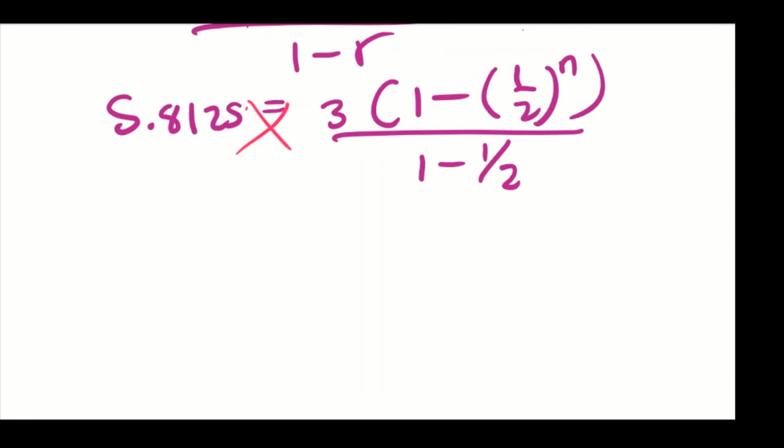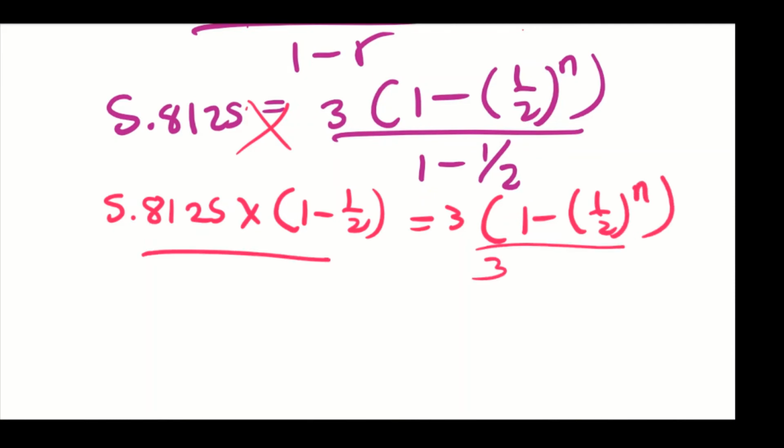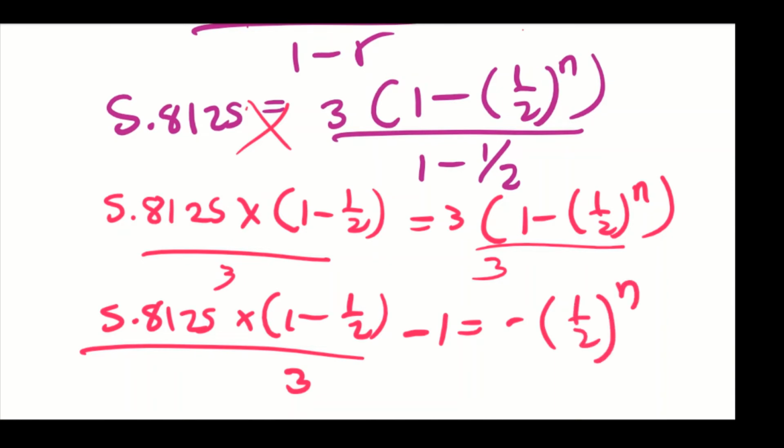So we're going to have 5.8125 times 1 minus 1 over 2 equals 3 into 1 minus 1 over 2 to the n. So we're going to divide by 3: 5.8125 times 1 minus 1 over 2 divided by 3, minus 1 is equal to minus 1 over 2 to the power n, right?